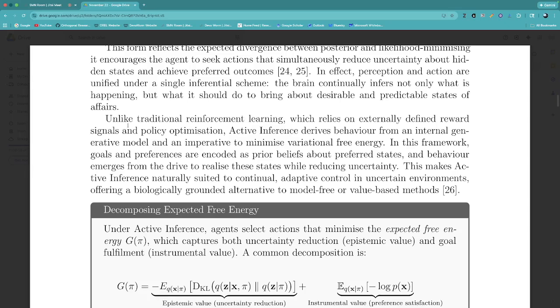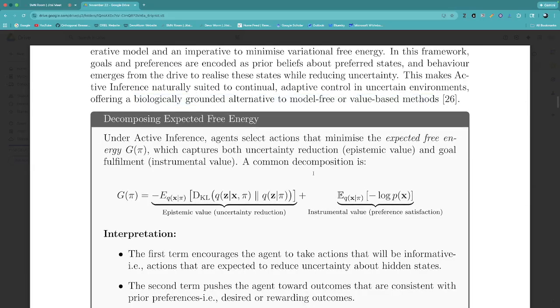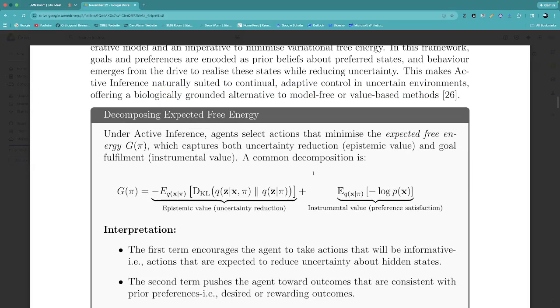This makes active inference naturally suited to continual adaptive control. So this is continual learning in uncertain environments, offering a biologically grounded alternative to model-free or value-based methods.